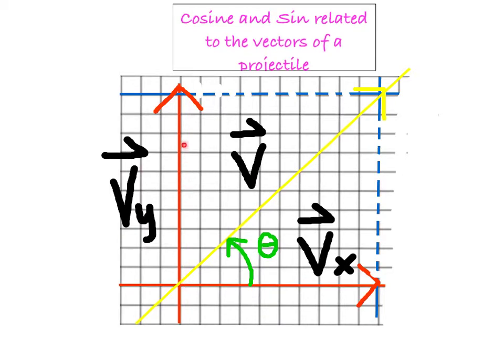Each line is exactly 10 units apart. And this yellow line equals V, which is also 10 lines. So, hence, the terminology is true. Vx plus Vy is equal to theta.